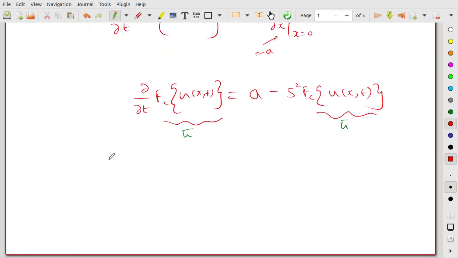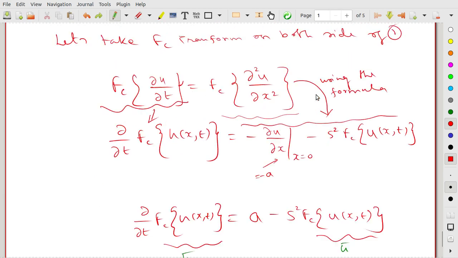Therefore we have ∂u bar/∂t equals a into minus... sorry, I also forgot to put a k here.